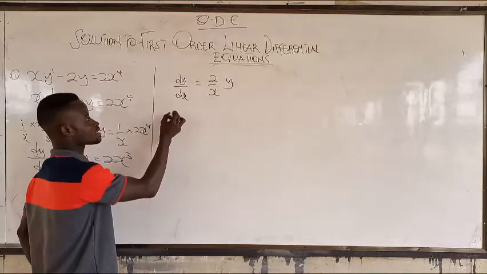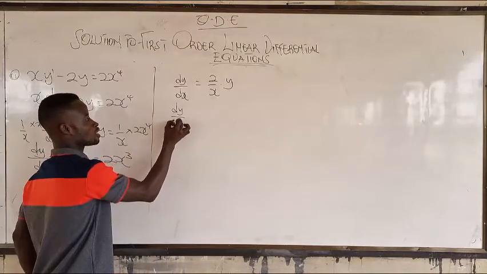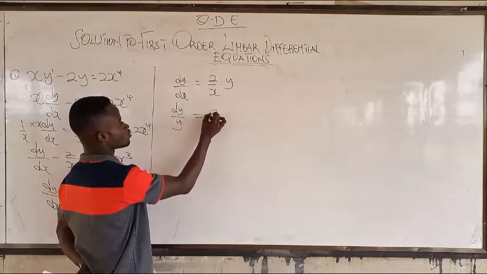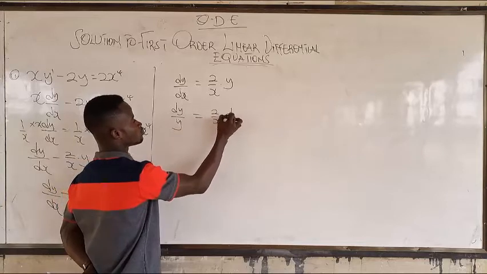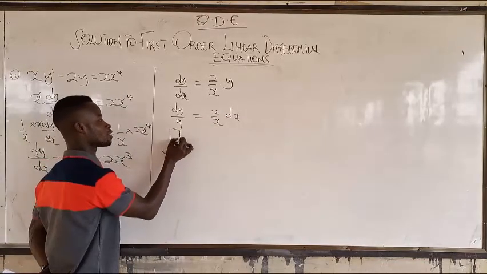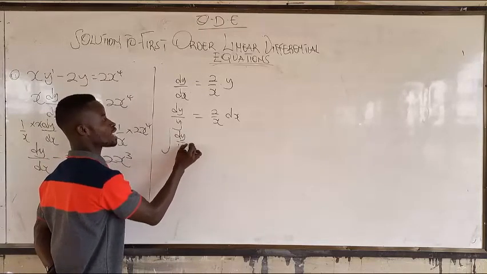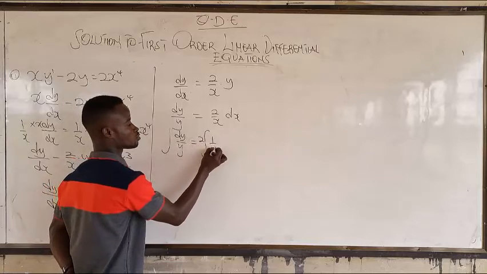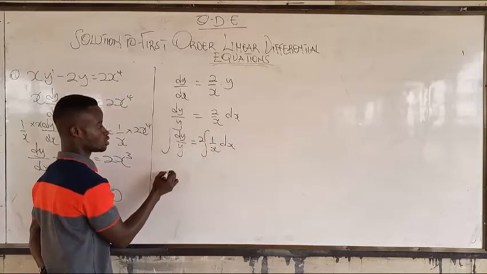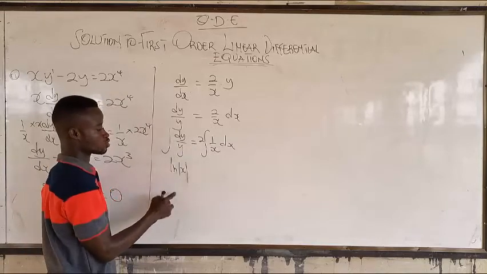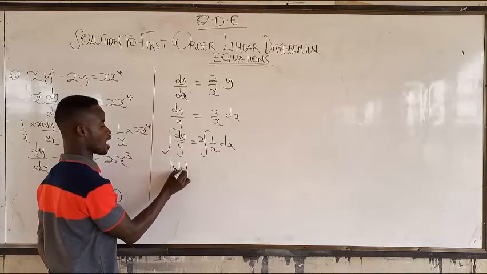So for us to make it separable, I hope you are watching. Make sure you watch it. Then we integrate both sides. I want to bring every step. Factor these two out. This gives ln x, ln y.